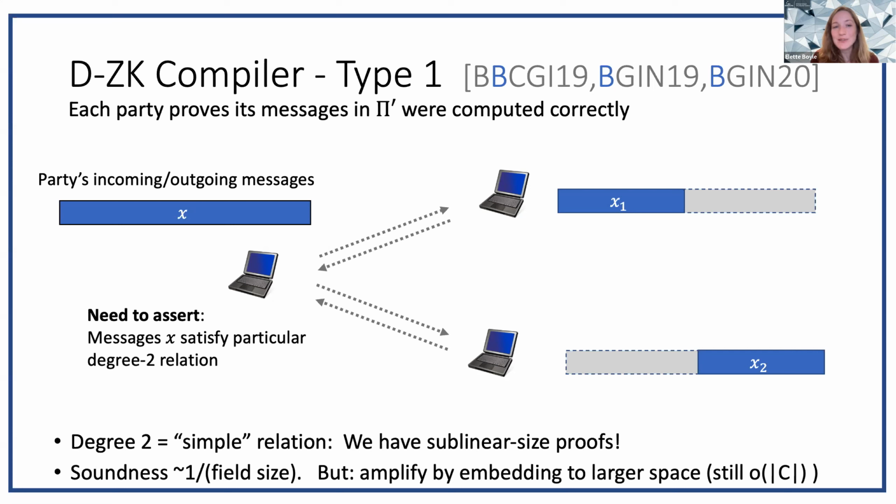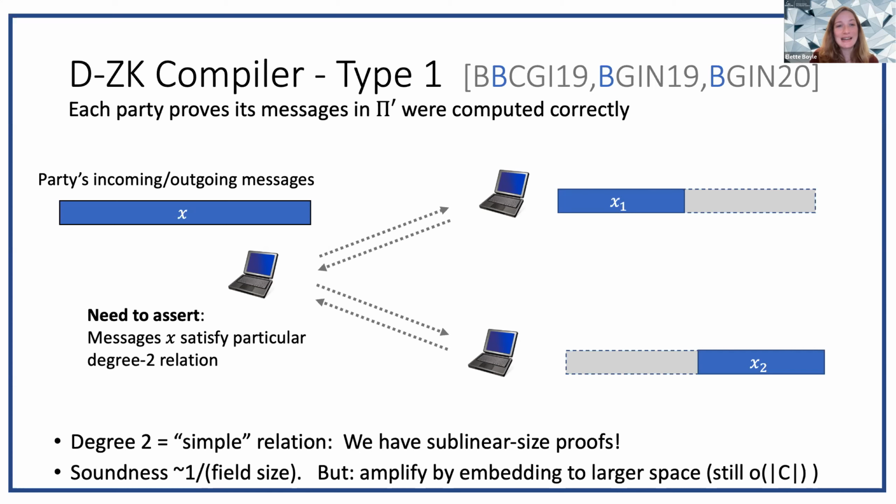And one comment here about the soundness. As I mentioned, if I just run this thing totally out of the box, then soundness is 1 over the field size, where the field size is whatever these messages were. If we were computing a Boolean circuit, these messages are bits. And if we were computing an arithmetic circuit, these messages will be whatever these field elements are.